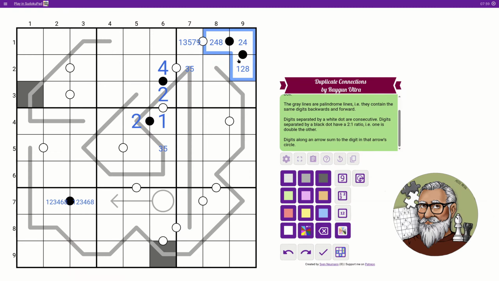Am I missing something simple, or am I just being a bit idiotic? Okay, well, where is this digit in box number 3? It's not in any of these. So it's in one of those. Could it be this one? Apparently, yes.